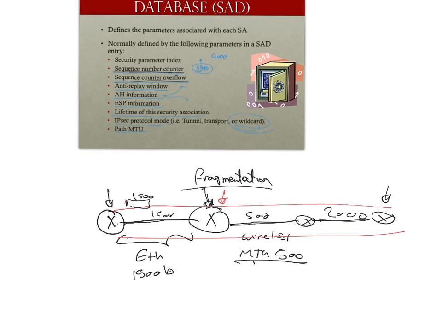Which one is the minimum? 500. So the path maximum transmission unit is going to be 500. And what this means is that this router is going to do the fragmentation at the beginning of the tunnel, so that you don't have to do further fragmentation inside the tunnel.